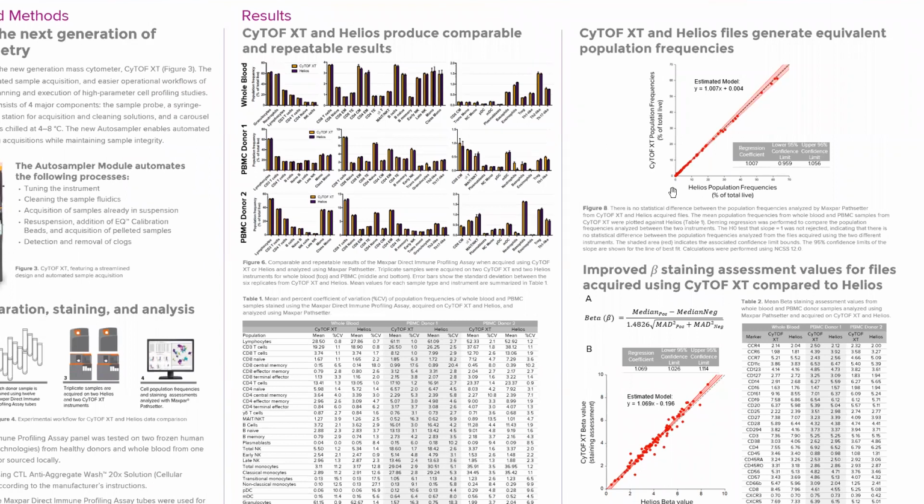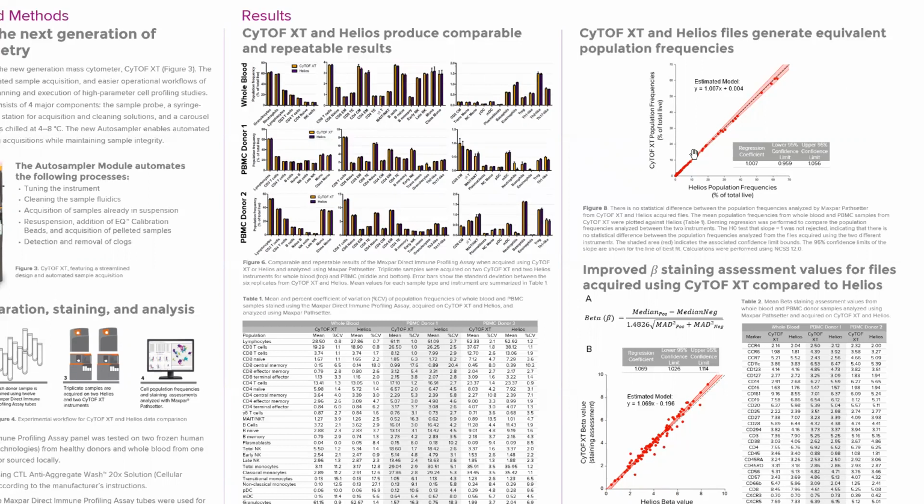Next, we did a Deming regression analysis on the mean population frequencies from whole blood and PBMC samples from CyTOF XT and plotted against Helios to show that CyTOF XT and Helios generate equivalent population frequencies.